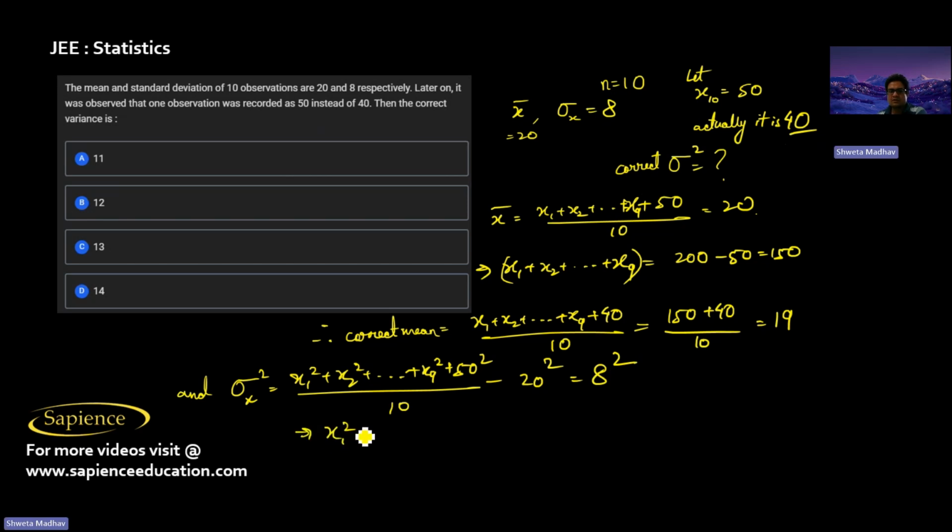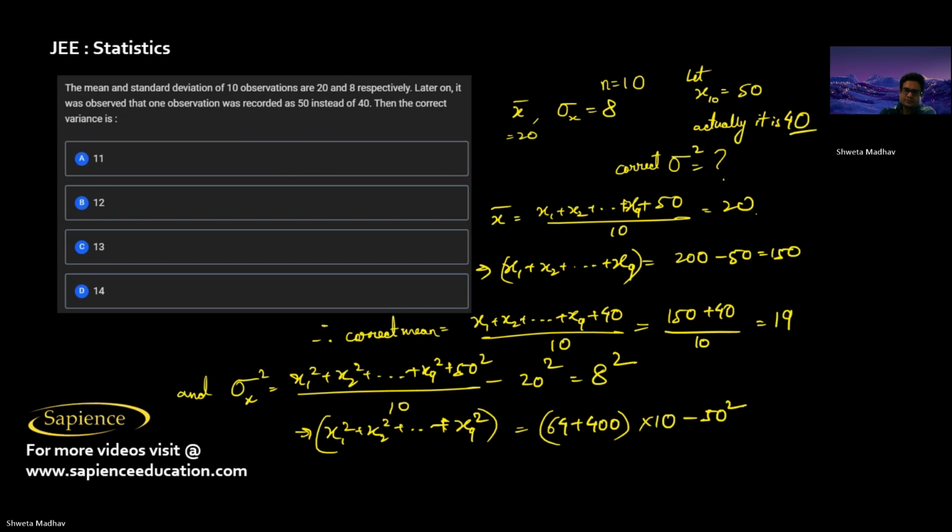So therefore x1 square plus x2 square till x9 square, the sum of the squares of the first 9 observations, is 64 plus 400, since 20 square is 400, into 10 minus 50 square.